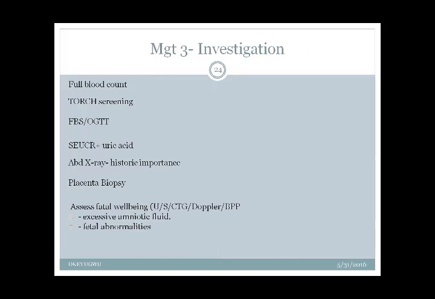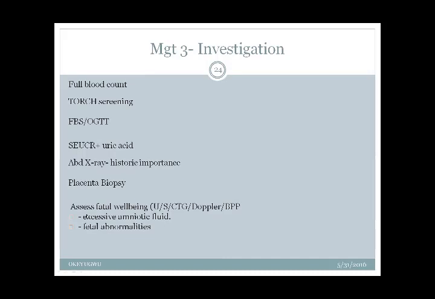So the investigations we need to do are full blood count and cord screening. We need a fasting blood sugar, OGTT, and uric acid, placental biopsy, and to assess fetal well-being by ultrasound, CTG, Doppler, and biophysical profile. This is very important, as are excessive amniotic fluid and fetal abnormalities.